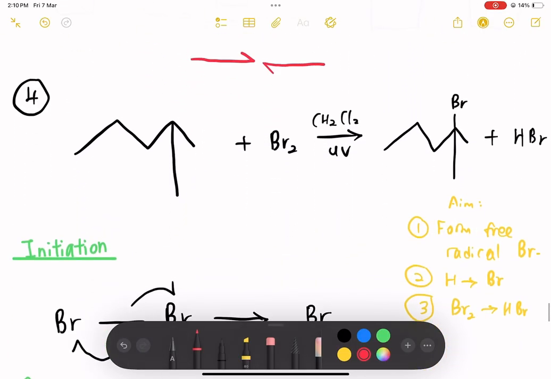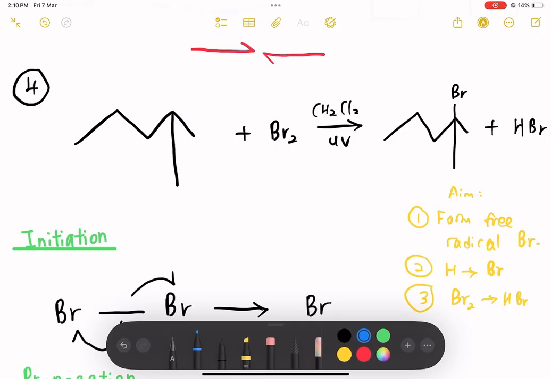Lastly, we have the fourth example. So this is its skeletal structure. So this is the equation. So what is the mechanism we form? So for the mechanism, we always remember IPT, initiation, propagation, and termination.